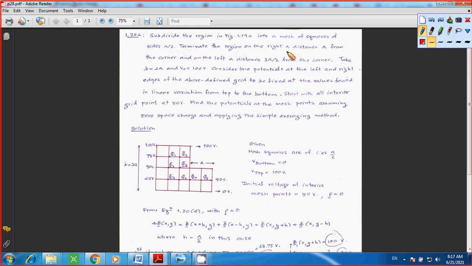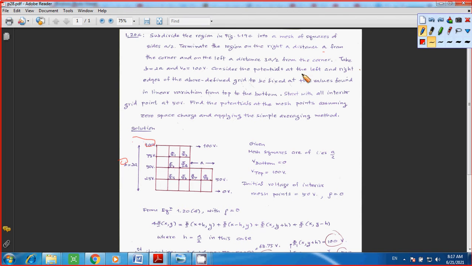Terminate the region on the right, a distance a from the corner, and on the left, a distance 3a over 2 from the corner. Take b equal to 2a, and v0 equal to 100 volt.